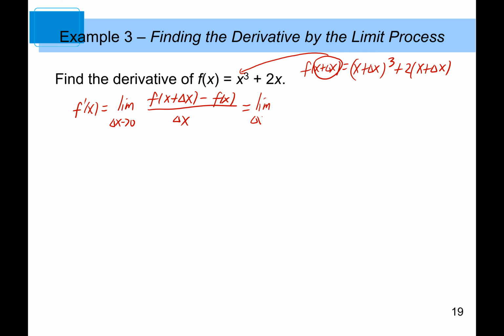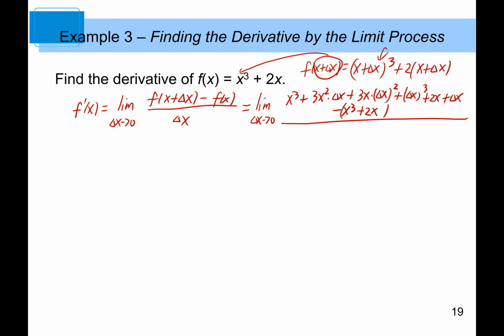Okay, limit as delta x approaches 0. So we're going to expand this. It becomes x cubed plus 3x squared times delta x plus 3x times delta x squared plus delta x to the third, plus 2x plus 2 delta x, and f of x is x cubed plus 2x, so minus x cubed minus 2x. So that's your complete numerator, and the denominator is just delta x.